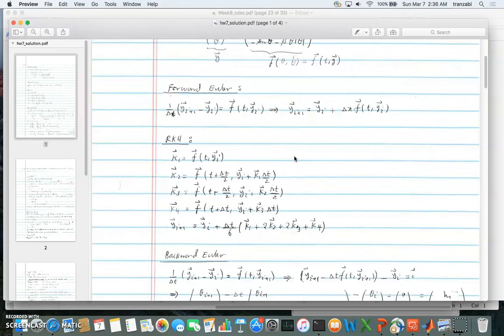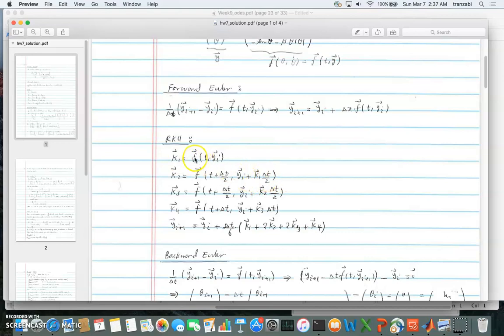For RK4, we can do the same thing. This time we have 4 k values, but that's fine. All of the f's are vectors, and inside the f we have t, the first independent variable, and then y. Again, y is going to be a vector. So then for k2 we have t plus delta t over 2, and on the y side we have y i as a vector, in the ith iteration, plus k1, which is again the vector we found before, times delta t over 2.